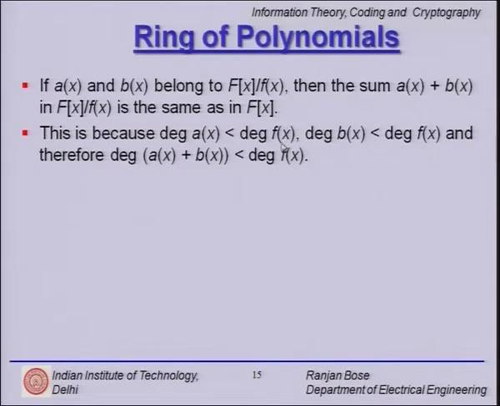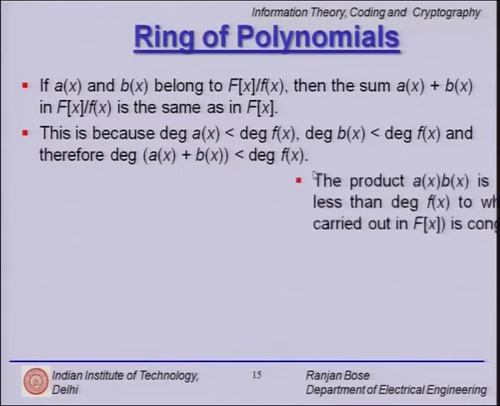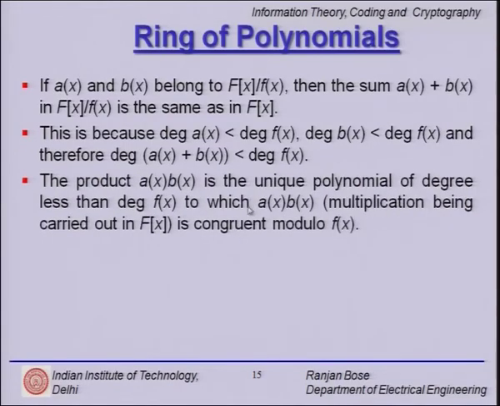Why? Because we are taking modulo f(x). Similarly, degree of b(x) is less than f(x), and therefore, degree of a(x) plus b(x) is less than degree of f(x). Similarly, the product a(x) and b(x) is a unique polynomial of degree less than degree of f(x), to which a(x) into b(x) is congruent modulo f(x). So, what are we trying to do?